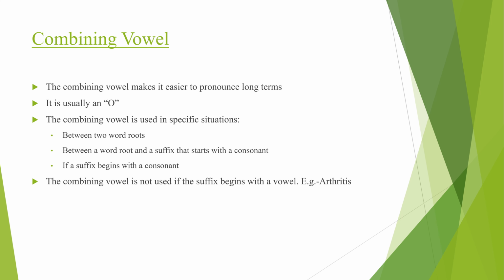To decide whether to use a combining vowel between a word root and suffix, look at the suffix first. If the suffix begins with a vowel, the combining vowel is not used. For example, when combining the word root arthro with the suffix itis, we say arthritis without the combining vowel, not arthroitis with the combining vowel.